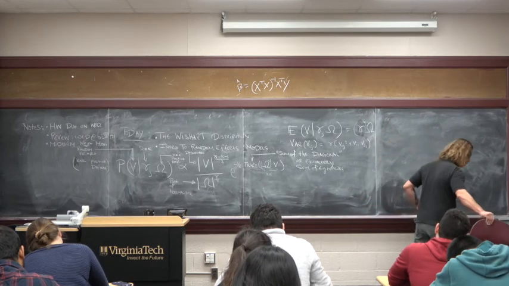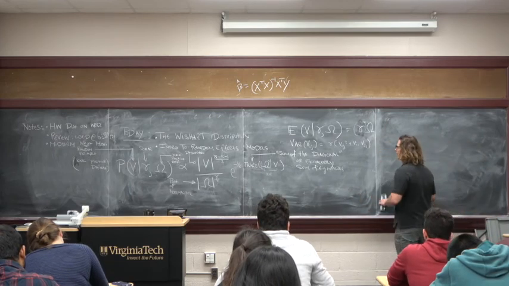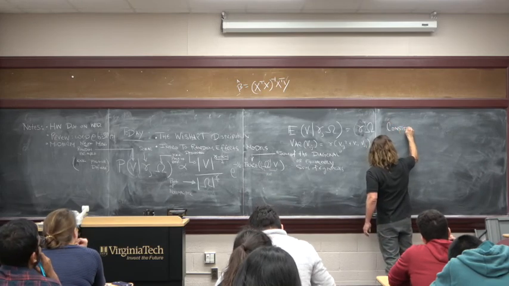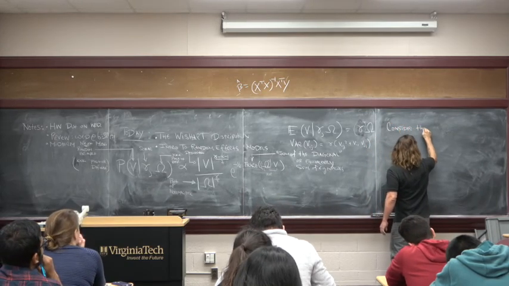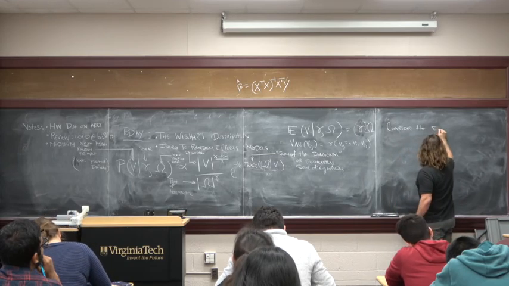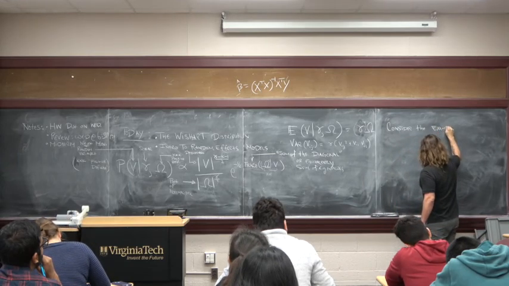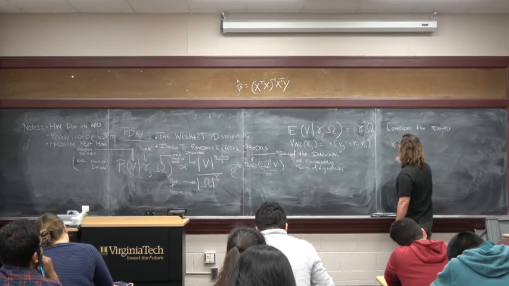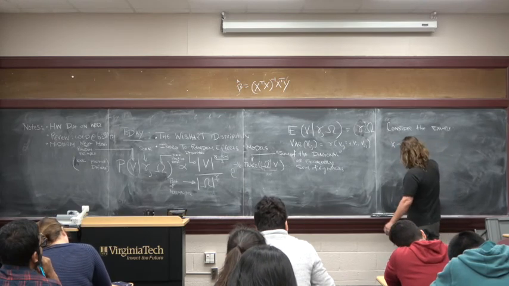Okay. So here's the question. Well, actually, let me write down an example. Consider this example. I'm going to say X is multivariate normal.